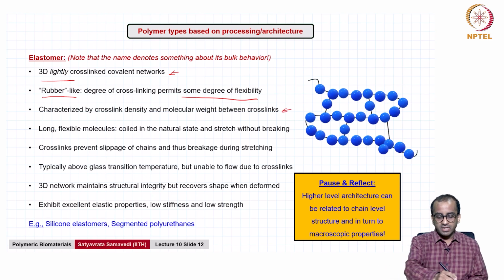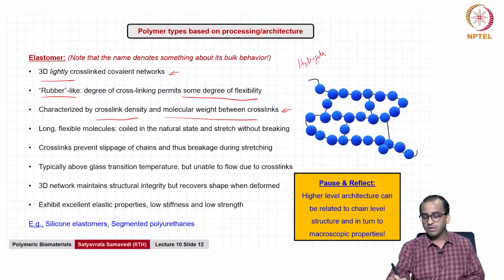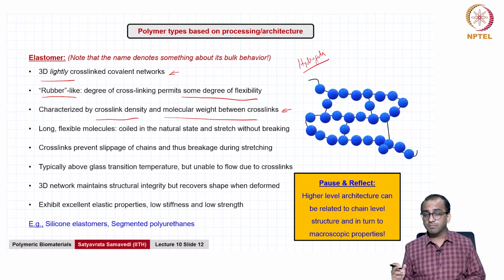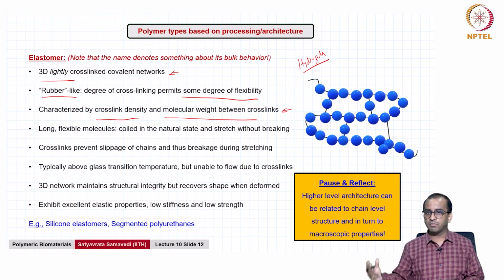And they are characterized by crosslink density and molecular weight between crosslinks. Now this is a concept we will look at later when we deal with hydrogels, where we will look at cross-linking in the context of hydrogels and how that impacts swelling of the hydrogels. We will later see that the entropic contributions cause the chains to retract back when you pull on them, because of the differences in number of conformations, which we will look at later.